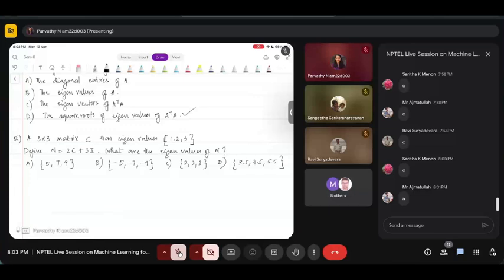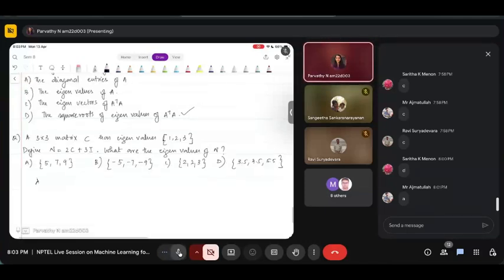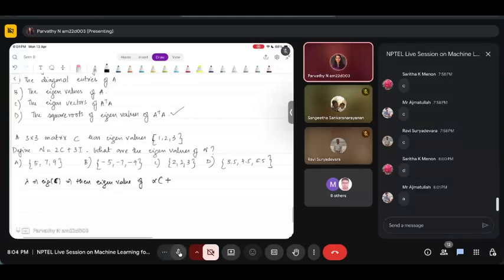So if lambda is the eigenvalue of C, then the eigenvalue of alpha C plus beta I is alpha times lambda plus beta.